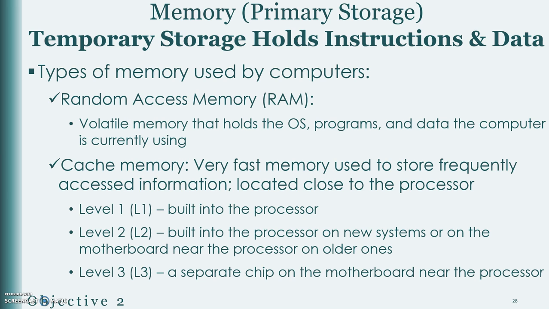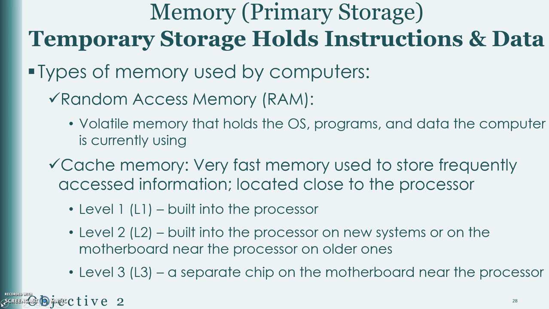There are 3 different levels of cache memory. Level 1 is actually built into the processor. So it's a tiny amount of memory that's built into the processor, so the processor can actually hold something in its own memory, which is its level 1 cache memory.